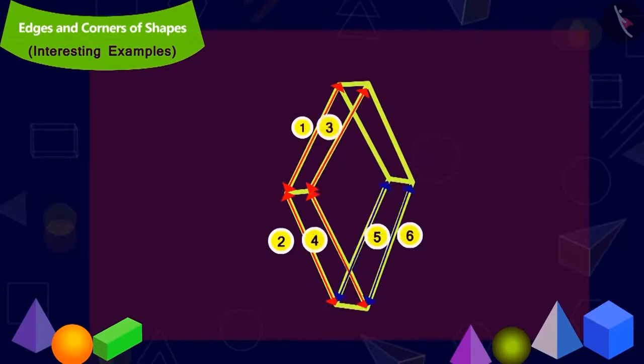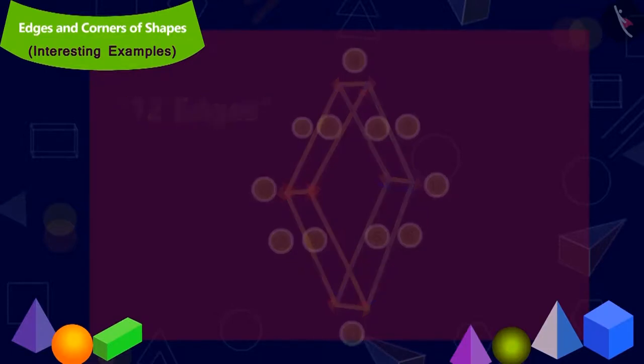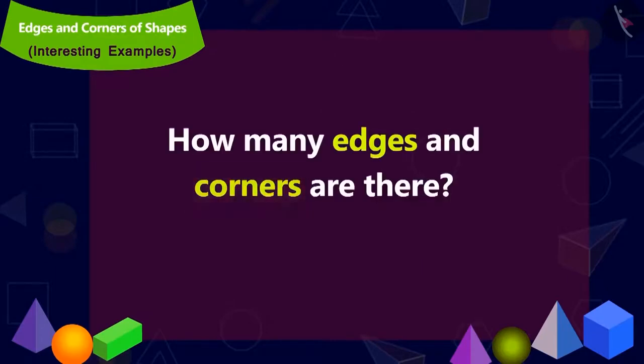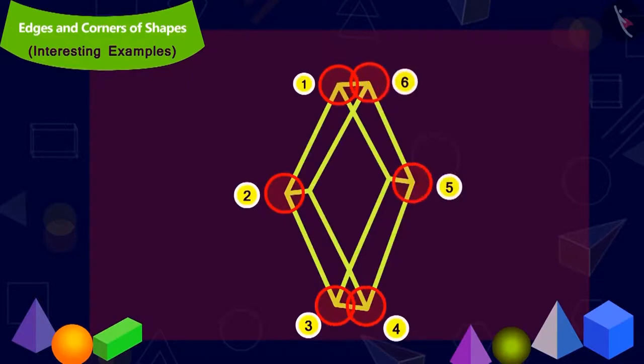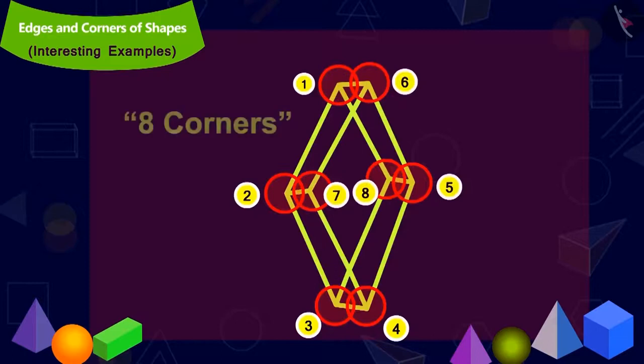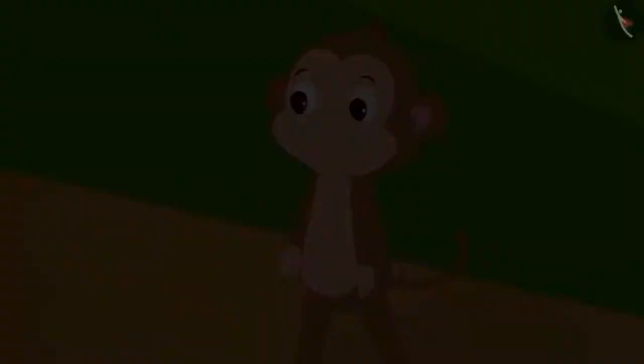How many edges in total? 12. Now, can you make out which are the corners of the sweet? Here are the corners. How many total corners? 8. Babban answered this one correctly, and he quickly ate up the kaju katli too.